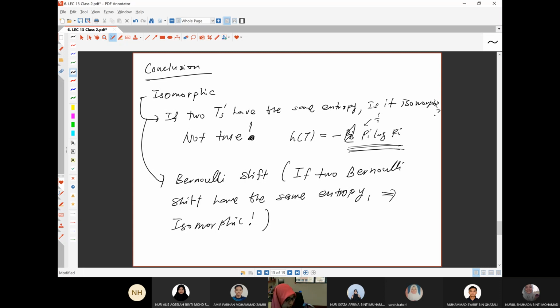That means for Bernoulli shifts only. Oh, I told you wrongly. This means we cannot consider Bernoulli shift, as it is special. So we should consider the diadic, triadic, Bakers, and so on, where they are different.